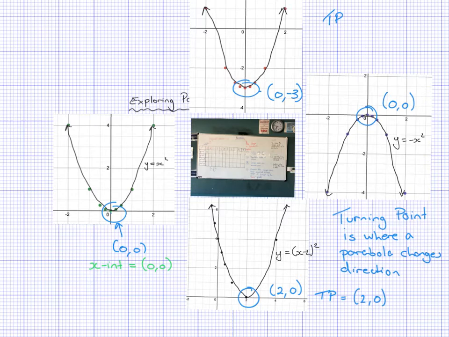On the right-hand side, the x-intercept is the same as the turning point again. We can look at the graph and see that it touches the x-axis just there. The one at the bottom, we can see that the x-intercept touches the x-axis at the point (2, 0). That's what we're interested in.